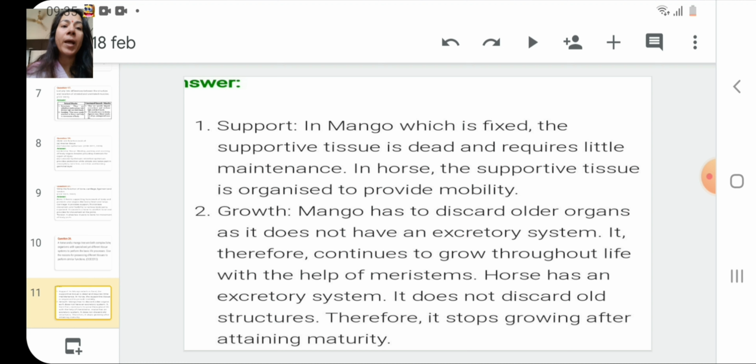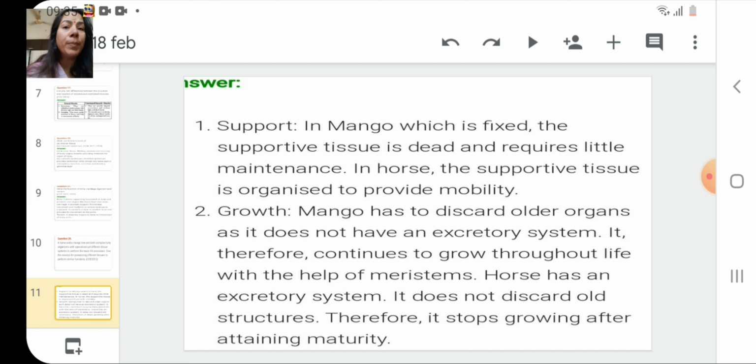Growth: mango has to discard older organs as it does not have an excretory system. It therefore continues to grow throughout life with the help of meristematic tissues present in it. Horse has an excretory system. It does not discard old structures. Therefore, it stops growing after attaining maturity.